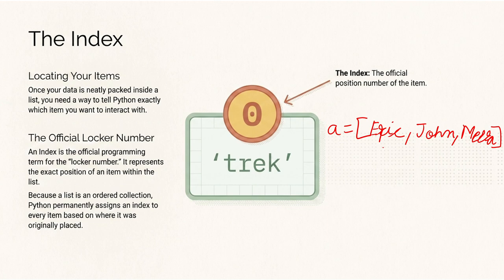So Eric has an index of 0, John has an index of 1, and Mira has an index of 2.